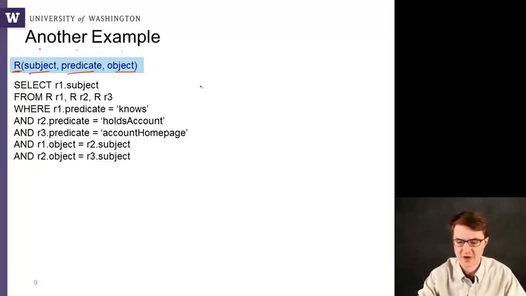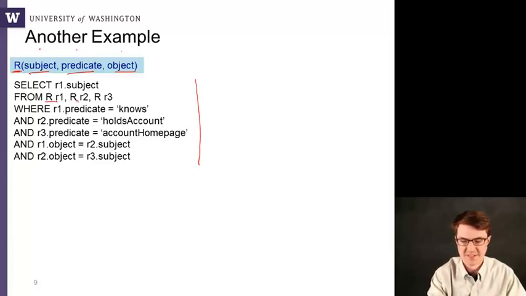Here's a kind of complicated query, but what it says is I'm going to have three instances of the same relation, and I'm going to join them all up, and I'm going to look for a sequence of tuples such that we have a person who knows another person who holds the account of a company who has an account homepage of a particular value.